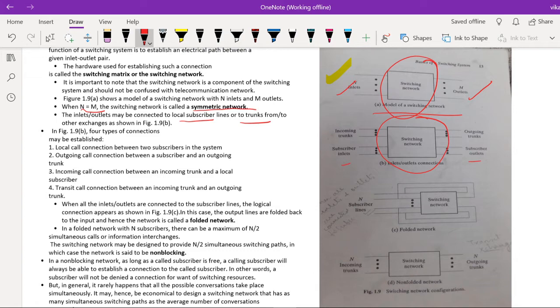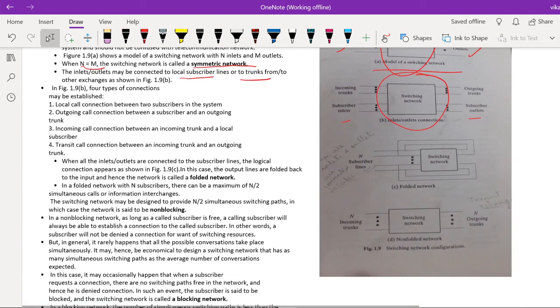Is that clear? Now, in Figure 1.9b, four types of connections may be established.